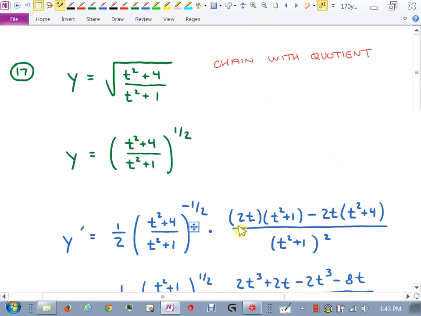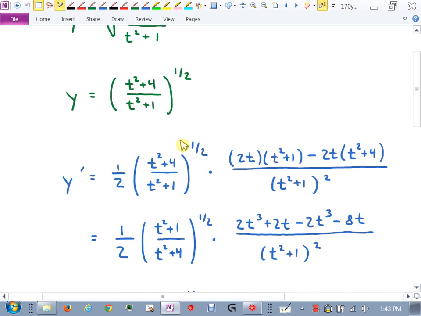So this is the problem you're talking about, right? Yeah, this problem kind of sucks. It's the square root of a quotient. So you have chain rule with quotient rule. That's what I put up here to kind of help guide you through this. So the first thing I did is I didn't do a derivative. I just rewrote the square root as to the 1/2. That's just my choice, and you could have left it.